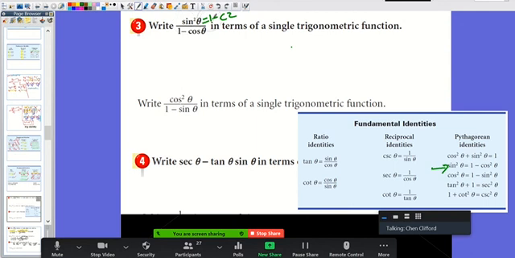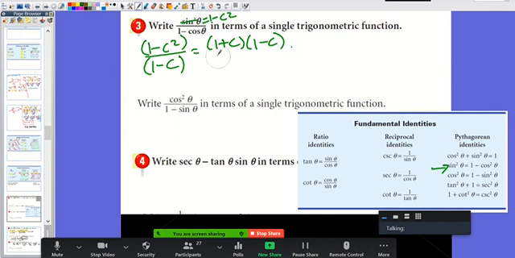And we can factor 1 minus cosine squared. So as of right now, this is what we have. Now check this out. We can factor the numerator to be 1 plus c, 1 minus c. And the bottom is going to be 1 minus c. We just copy it. And guess what happens? Cancel.